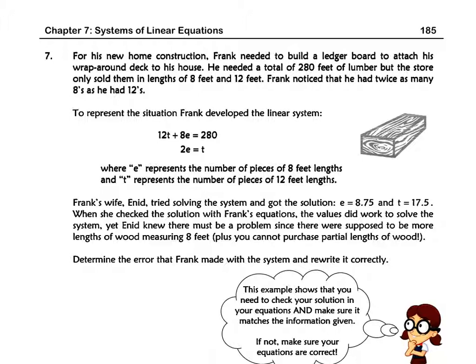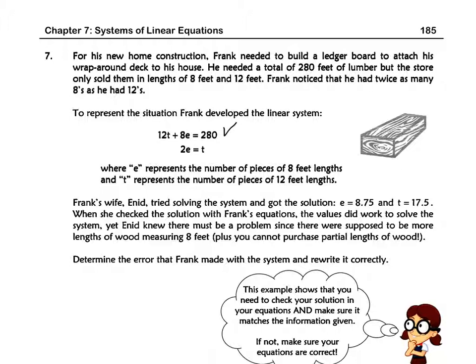So if you look at the equations more carefully to see what the error was, you do notice that 12 times the number of 12 foot lengths plus 8 times the number of 8 foot lengths should add up to 280 feet. That should be okay. But in this case, the second equation says 2E equals T, which means twice the number of 8 foot lengths equals the number of 12 foot lengths.